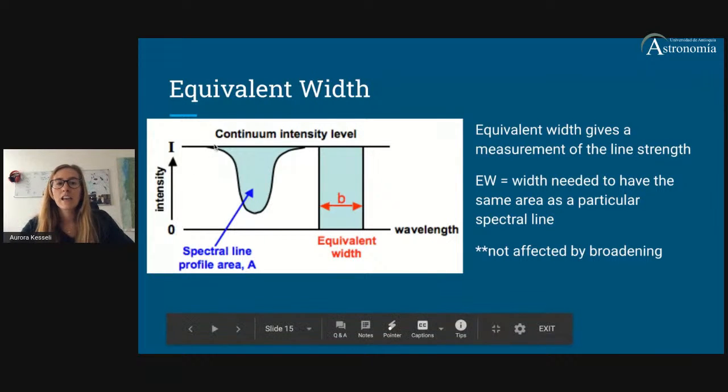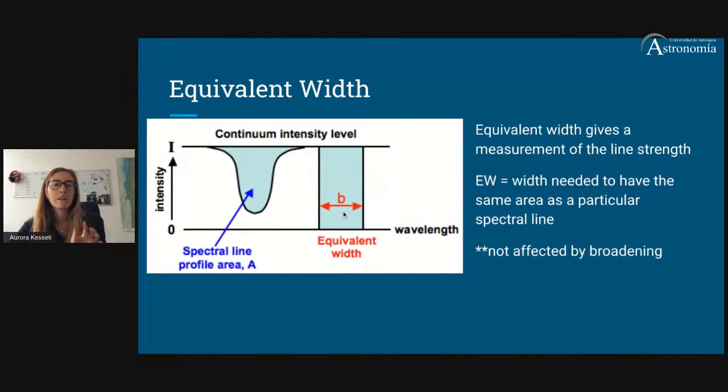But basically, if you have a spectral line that has a Gaussian or Lorentzian shape, you have some amount of absorption happening in the center, and then you also have these wings. The equivalent width basically takes the area in the absorption line and says, if it was the full intensity, what would be the width of this box that would give you the same area that's in this spectral line.